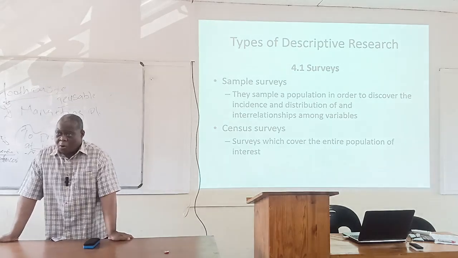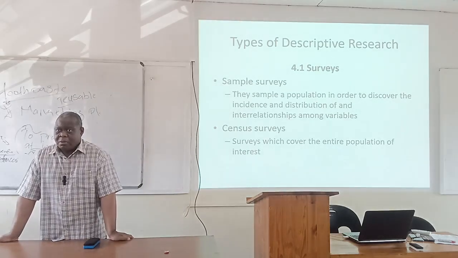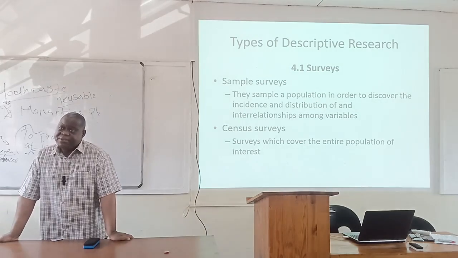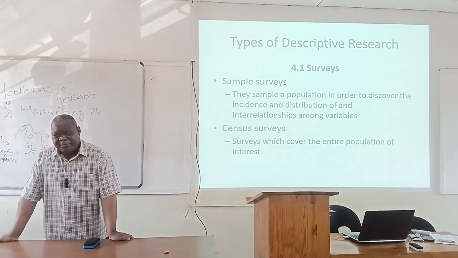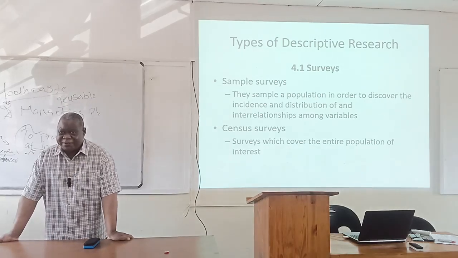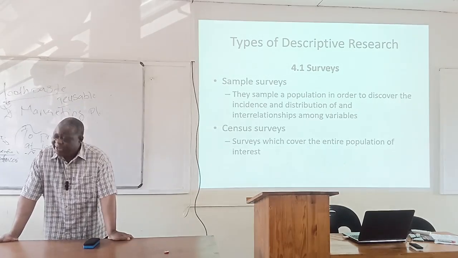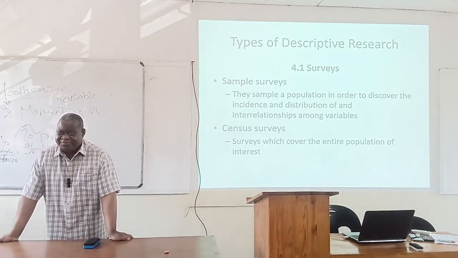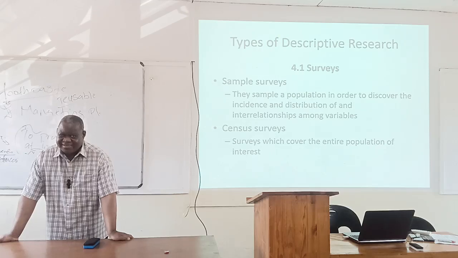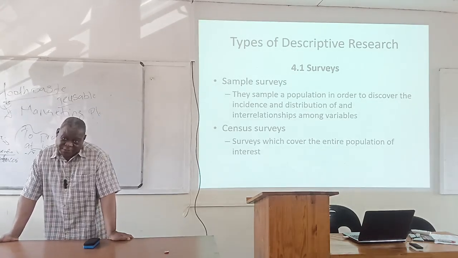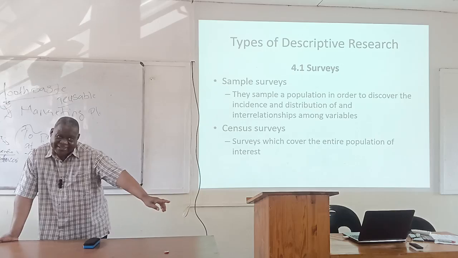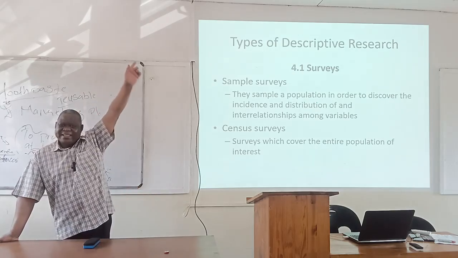It is the score below which 50% of the observations lie, and above that score, 50% of the observations lie. So it's indeed the middle score in a distribution. For you to come up with the median, you have first to organize the data from the lowest to the highest.